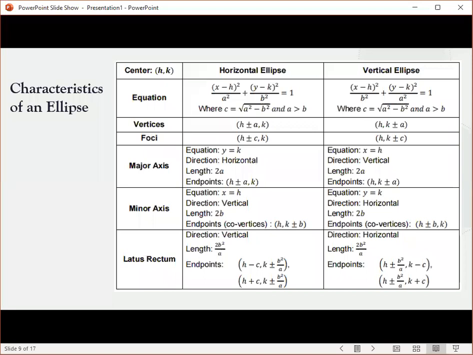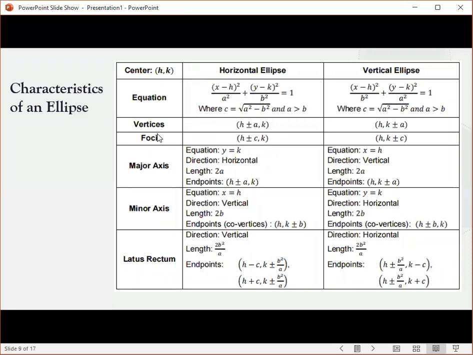If the denominator of x is greater than the denominator of y, then you'll have the horizontal ellipse. But if the denominator of y is greater than the denominator of x, you'll have the vertical ellipse.